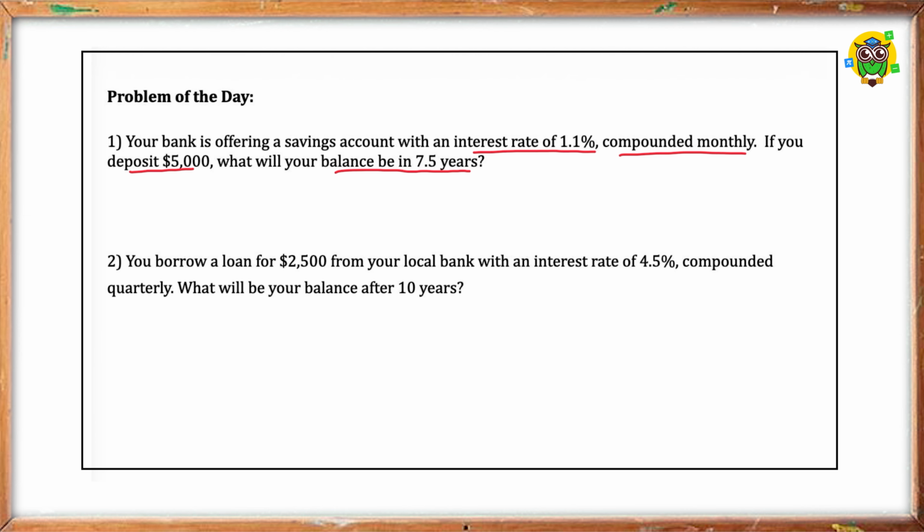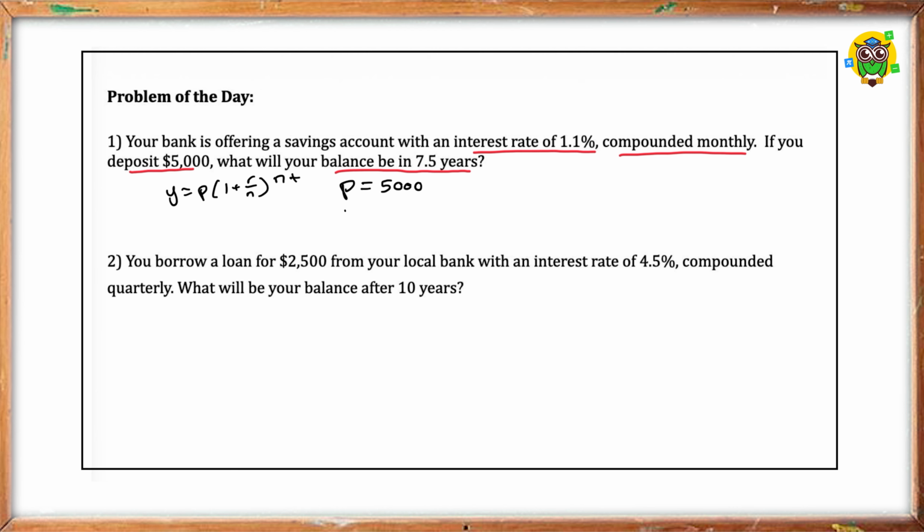We have our equation, y is equal to P times (1 plus r over n) to the power of nt. We're going to determine each of our values. So we have P, our principal, is equal to $5,000. This is the amount being borrowed.